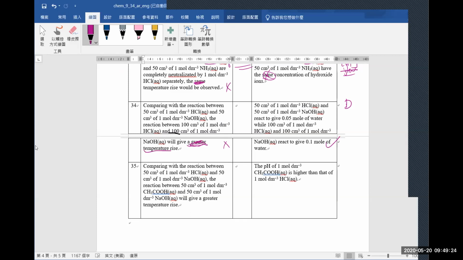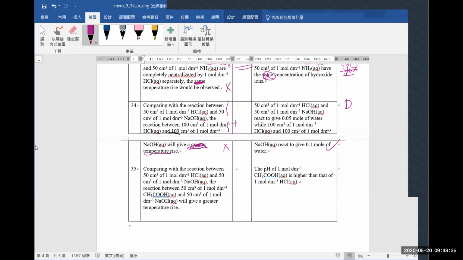It's not greater. So if you want to calculate the amount of heat released for those 2 cases, this one, the heat released will be doubled. If this one is H, this one is 2H. But we have the mass, it is M, which is 2M. So if you talk about H equals MC delta T, we've got that delta T here. How about that delta T?